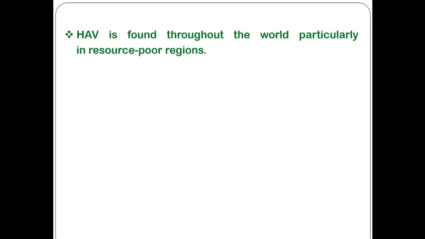Now, what about the epidemiology of viral hepatitis A? We say it is one of the most common causes of acute hepatitis, especially viral hepatitis. So it is really an endemic disease, found throughout the world, particularly in resource-poor regions like in our country.